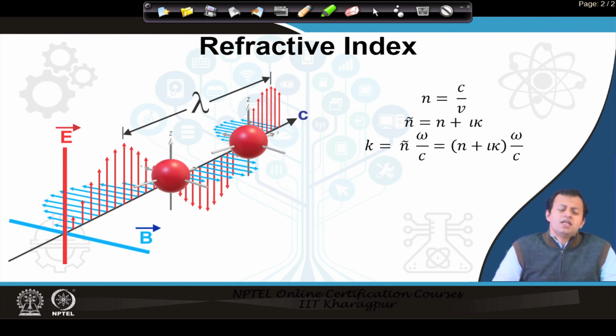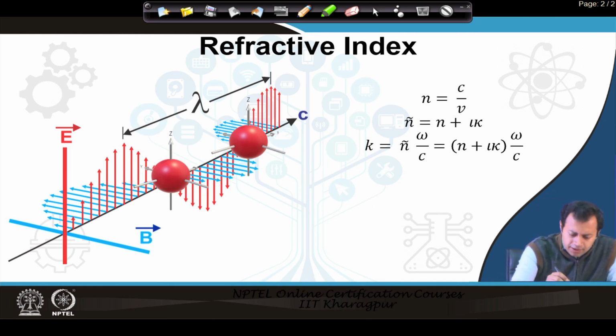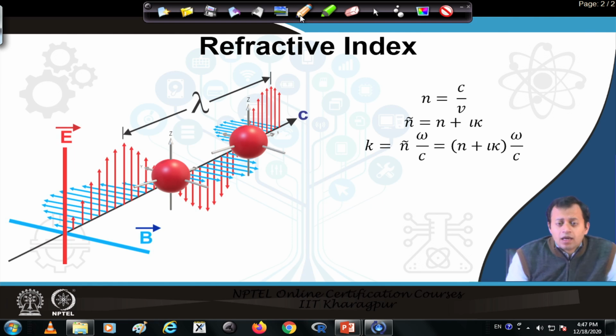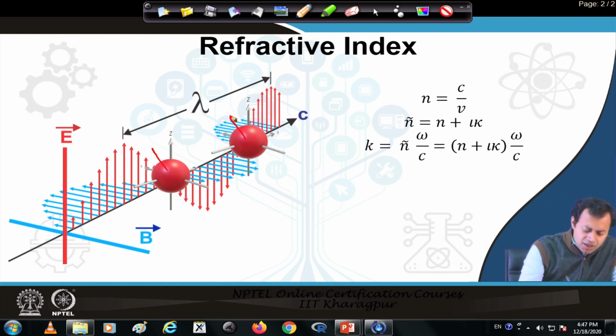As I said, we need a very complex quantum mechanical understanding to get this, but understand this. The wave generated by the atoms may be of similar nature, similar amplitude as the primary wave, but it is still lagging behind in phase from the primary wave, because it started later, right.